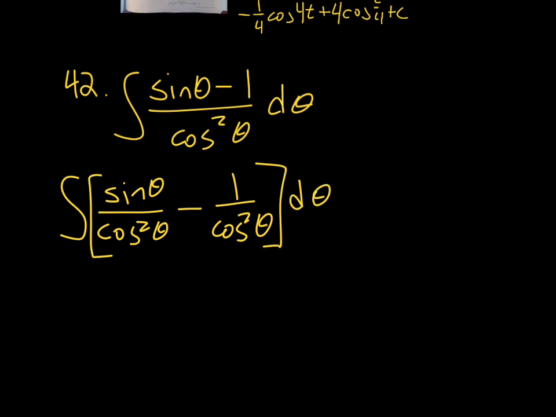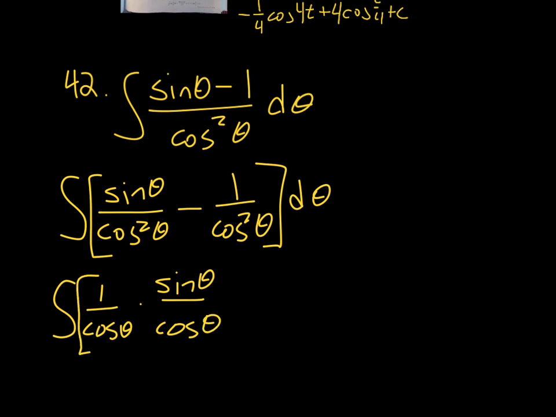We've got to make this into stuff that we know how to do. We know all these derivatives, so we've got to make it look like something that we've already taken the derivative of. So I'm going to take this first fraction and break it up so that it looks like 1 over cosine times sine over cosine. And then the 1 over cosine squared is really secant squared.